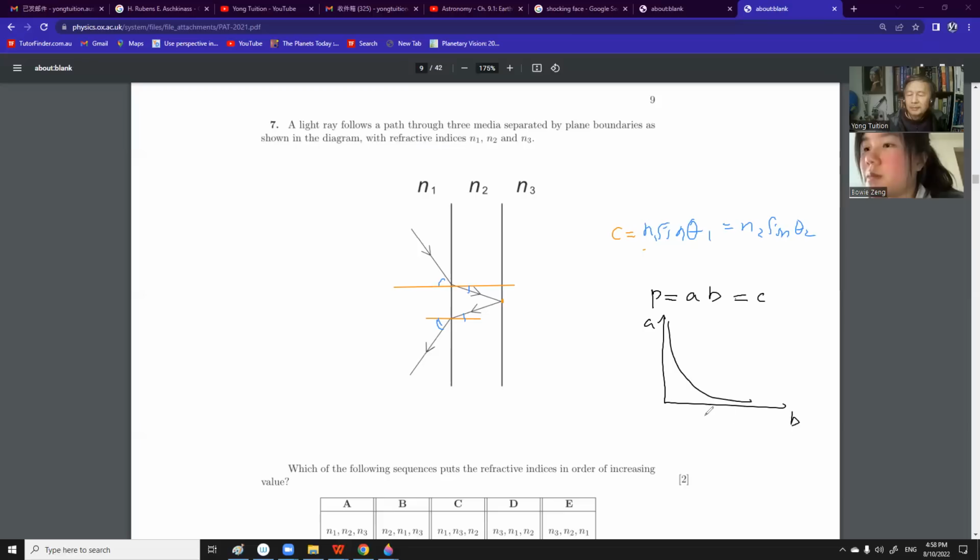A increases, B decreases. That's right. So in this case, if this angle decreases, can you see this theta 1 is larger than theta 2? Yeah. So n1 must be smaller than n2. I just use this diagram here. Sine theta also increases with theta, right?